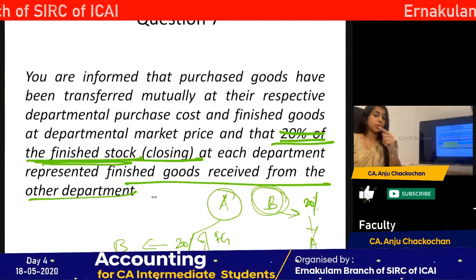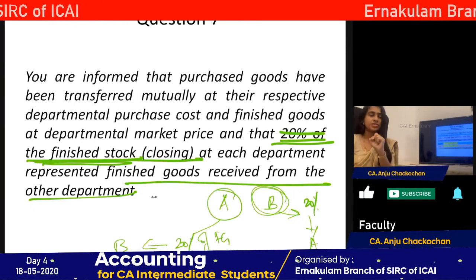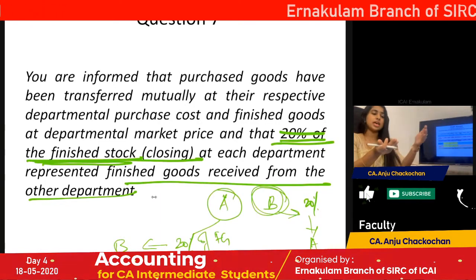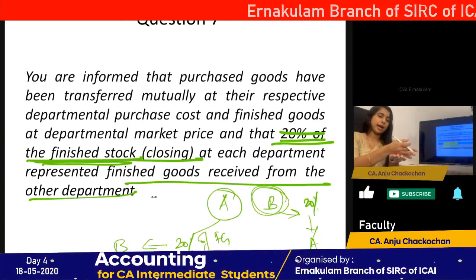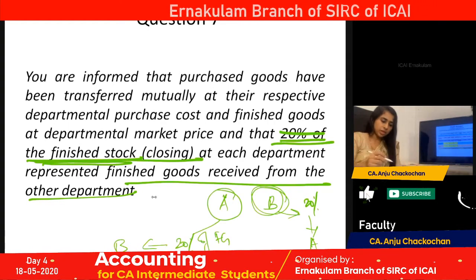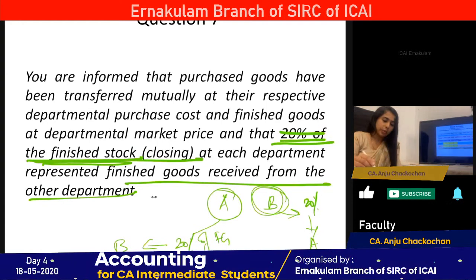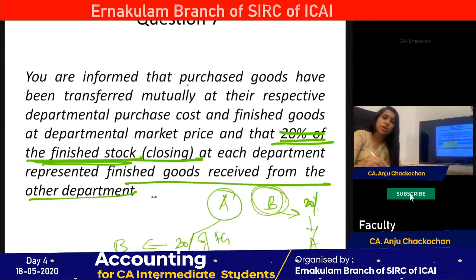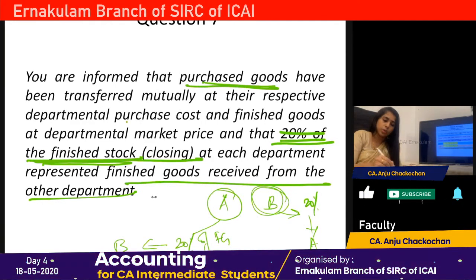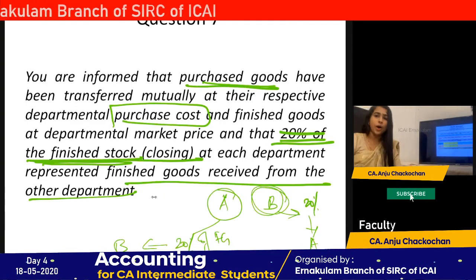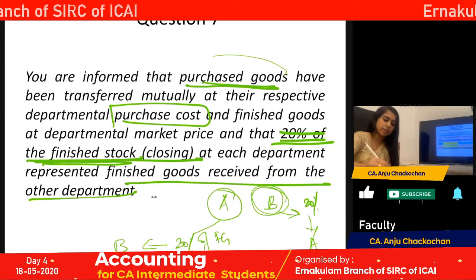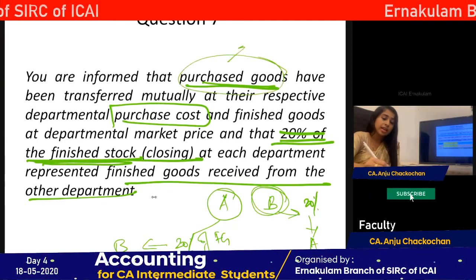Because here we have the concept of unrealized stock reserve in picture. So for department A, 20% of their finished goods is received from department B, and for department B, 20% of their finished goods is received from department A. Why? Because it is clearly stated in the question that purchase goods are transferred at cost only. If purchase goods are transferred at cost, there is no profit element added, so there is no unrealized profit in these purchase goods.